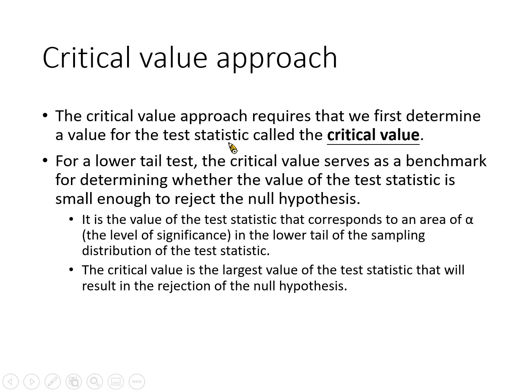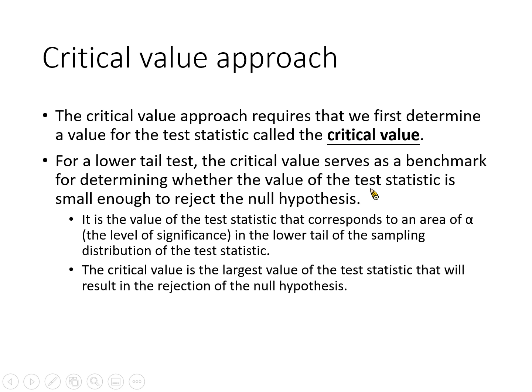But for the p-value approach, you use the test statistic to check its probability, then compare that probability with the significance level alpha, to think about whether the null hypothesis should be rejected or accepted. But for the critical value approach, what you need to do is get the value of the test statistic, and we call such a value the critical value.